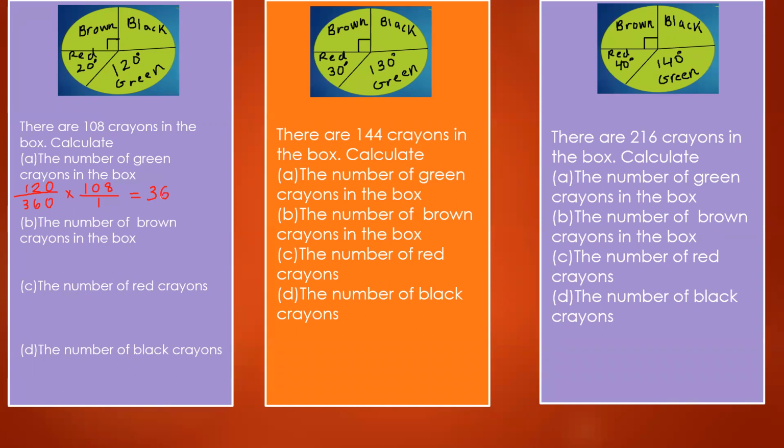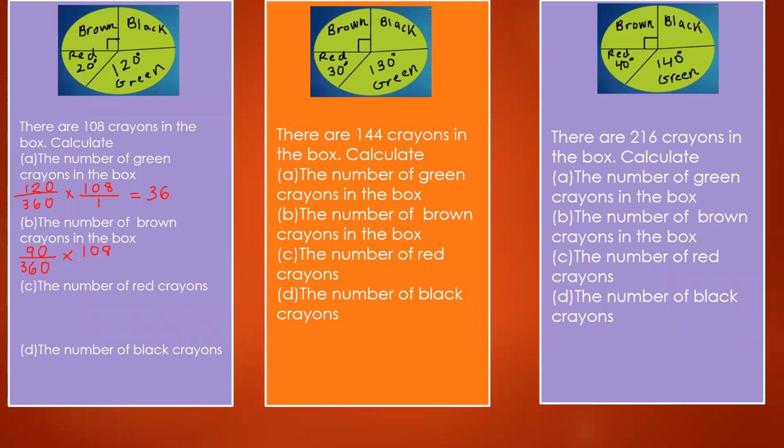Okay, go ahead. Divine, number 2, brown. For number 2, you do the number of brown crayons, and the little box on the circle on the screen means 90. So you do 90 over 360 times 108 over 1.